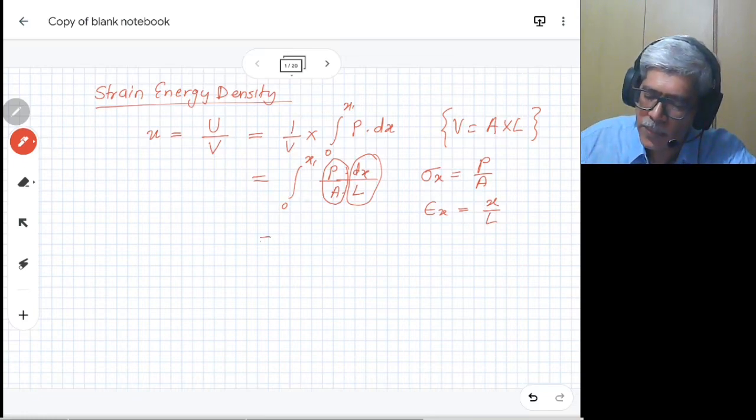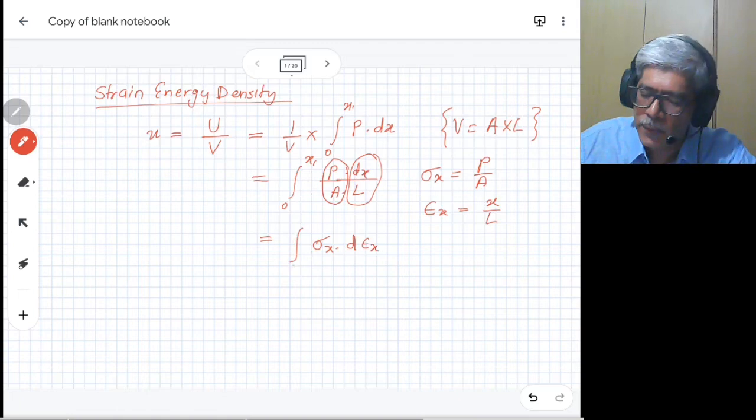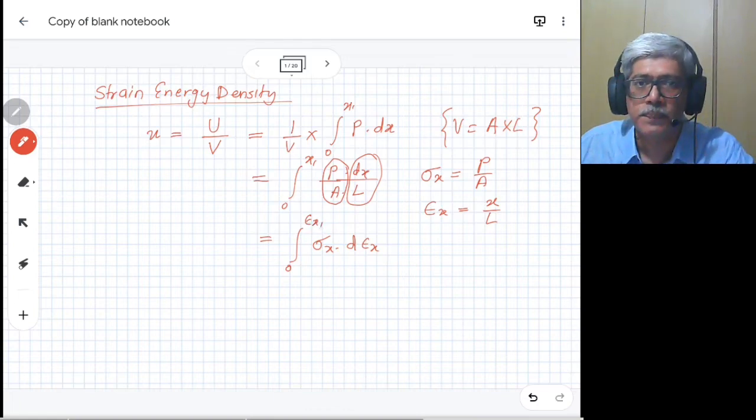So this expression could be written as integral of sigma x multiplied by d epsilon x, and the limits of the integral will change from 0 to x1 to 0 to epsilon x1.